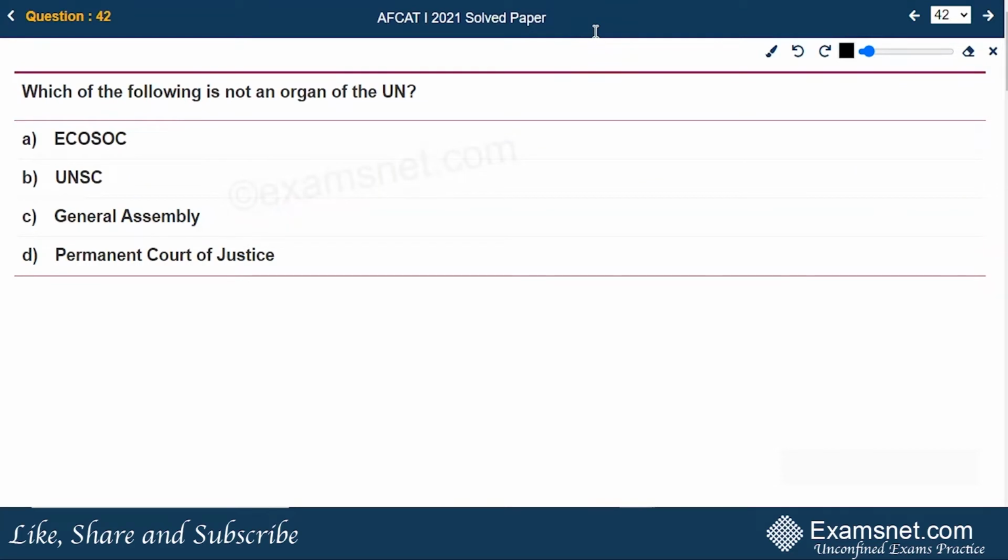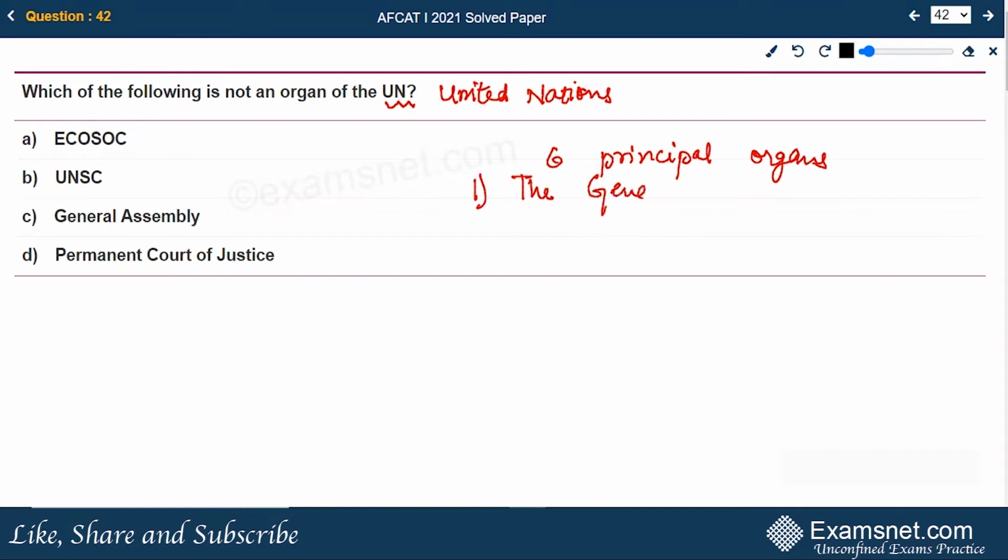Question number 42. Which of the following is not an organ of United Nations or UN? There are 6 principal organs of UN. Let's name them. First one is the General Assembly. Second is the Security Council, also called UNSC.